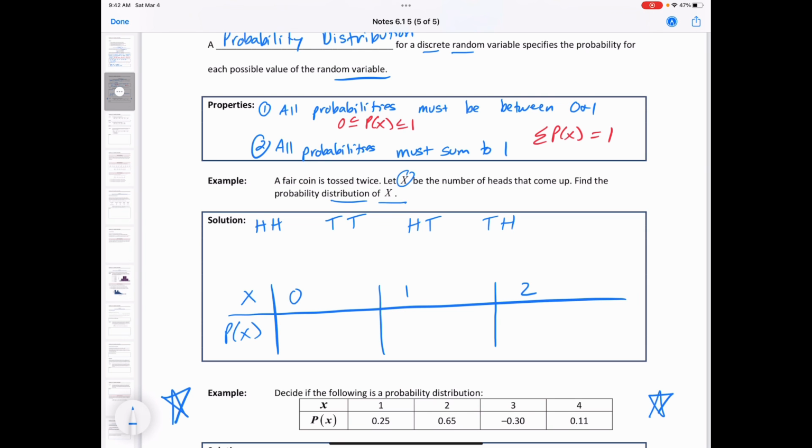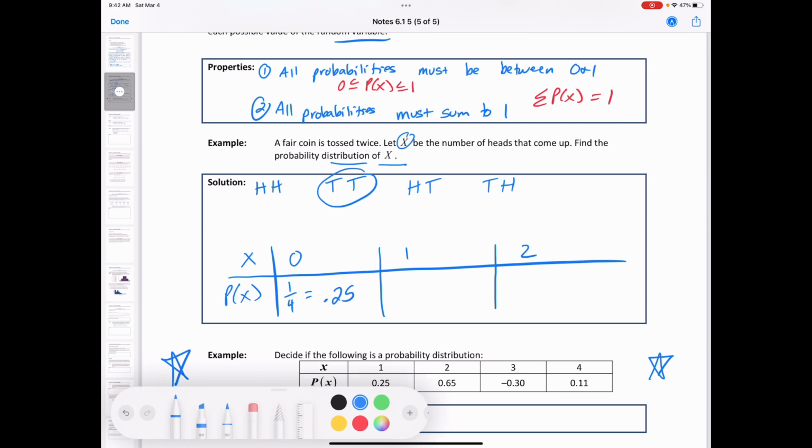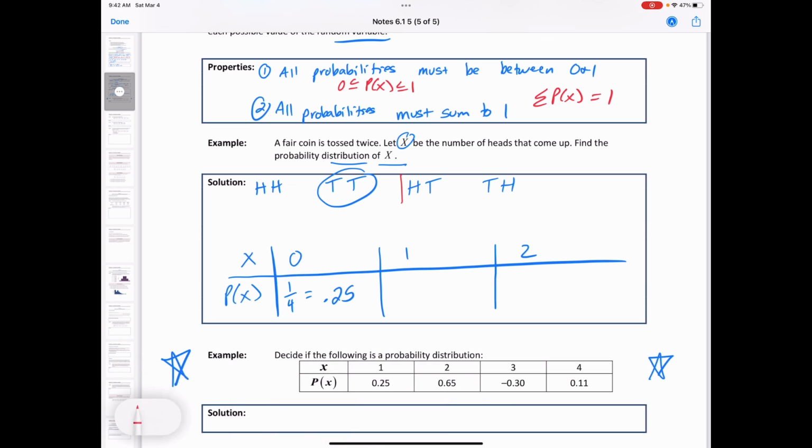And the chance that I get 0 heads would be 1 out of 4 or 0.25. You don't have to do the fractions and the decimals. That's redundant. I'm just showing you on this one both ways. Most of the time we use decimals. The chance of getting 1 head would be 2 out of 4 or 0.50.